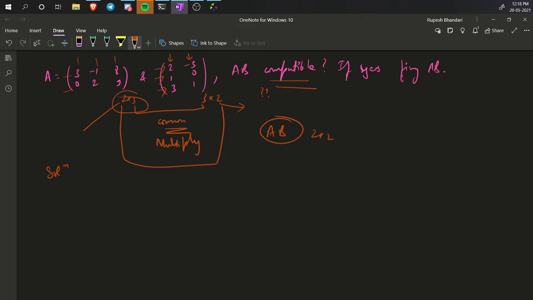Solution. So let's try to multiply it. First thing first, we will be creating a big matrix, and that will be a 2 by 2 dimension. How do we multiply? This row multiplies the column, right?